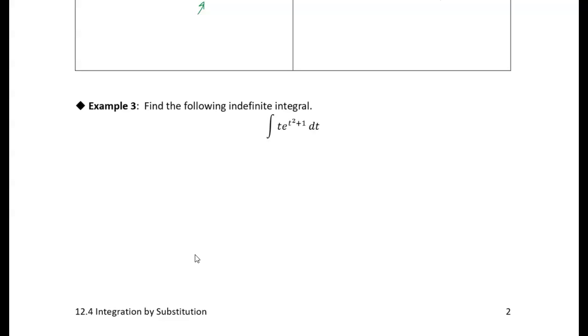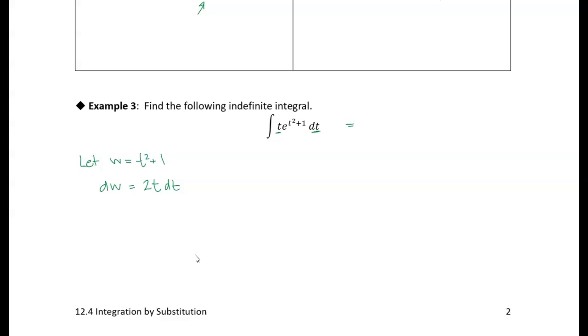So I'm going to say let w equal, it seems like the obvious inside function is this t squared plus 1. And if we do that, we get dw is equal to 2t dt. Now I'm seeing dt and I'm seeing t.